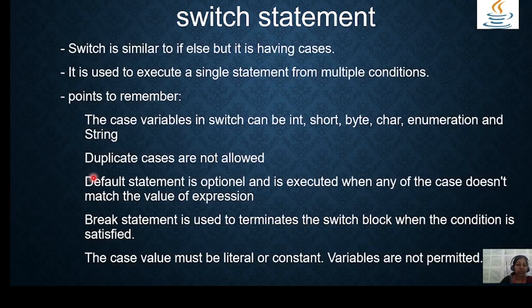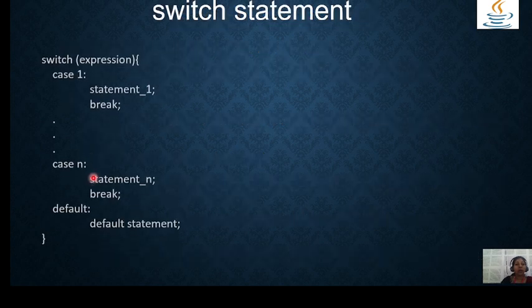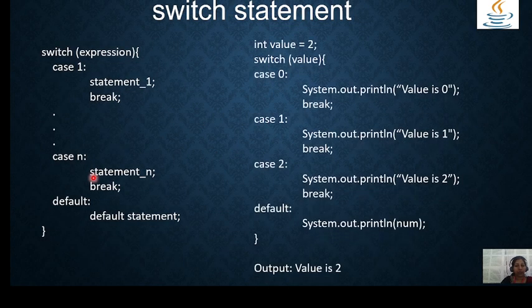So the break statement is used to terminate the switch block when the condition is satisfied, and the case value must be a constant, because how could we control a variable value? Okay, so this is the example.